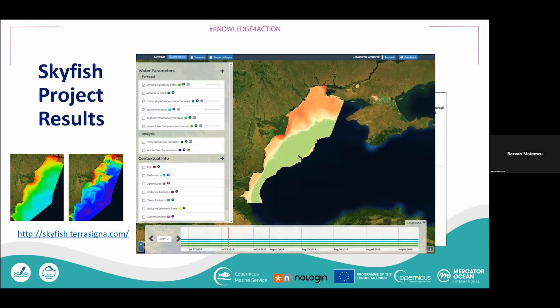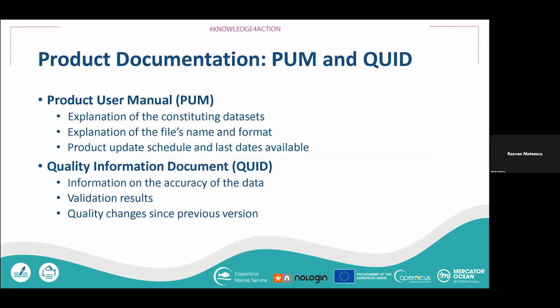And you may find here a series of water parameters, but also several indexes, as I mentioned. For all marine and ocean indicators, you will find in Copernicus product documentation.